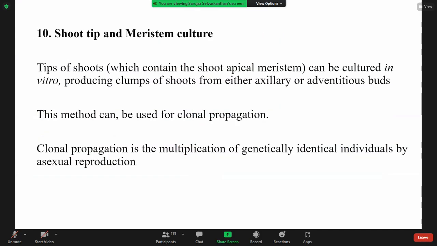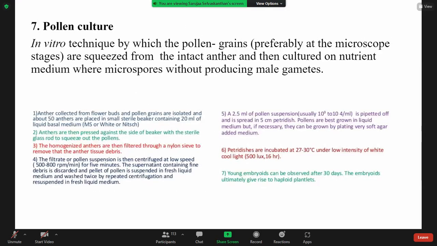I'll finish it. Okay. Pollen culture is an in vitro technique by which the pollen grains are squeezed from the intact anther and then cultured on nutrient media, right? Here we take the anther, squeeze out the pollen grains from it, and the pollen grains can be cultured.